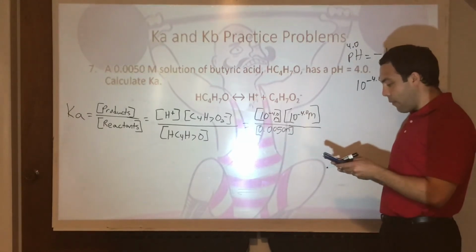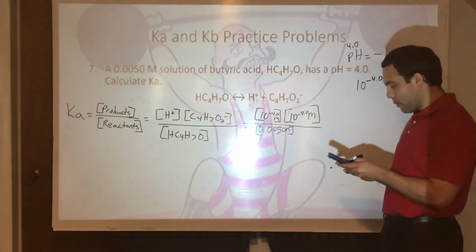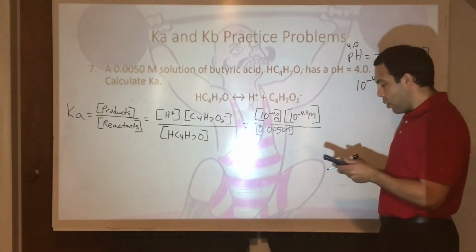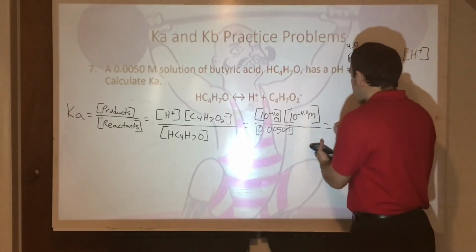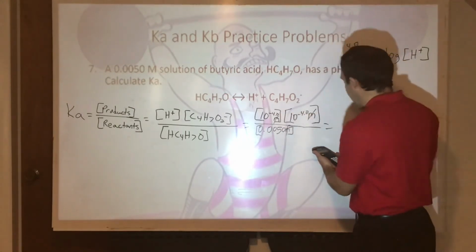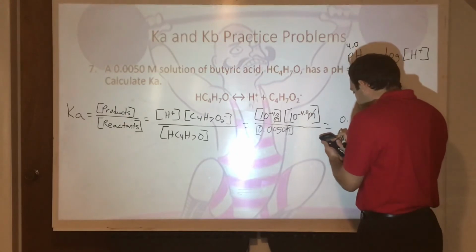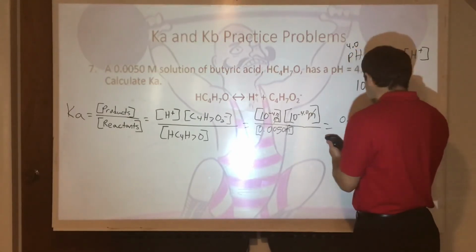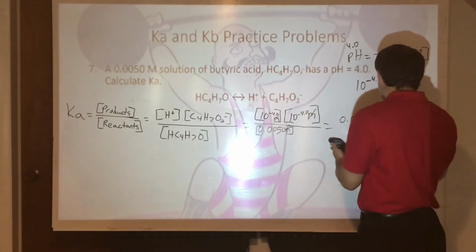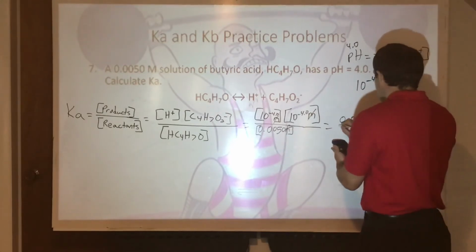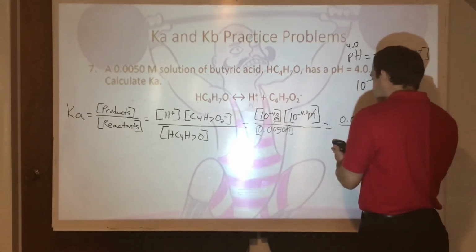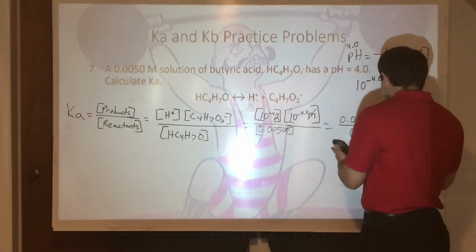So now, when we plug it in, 10 to the negative 4th times 10 to the negative 4th will give us a very small number. Remember, the molarities cancel out. So we have 1 times 10 to the negative 8th over 0.0050.